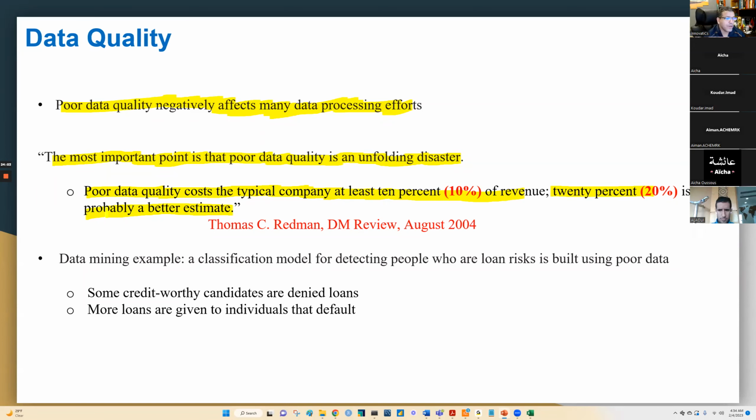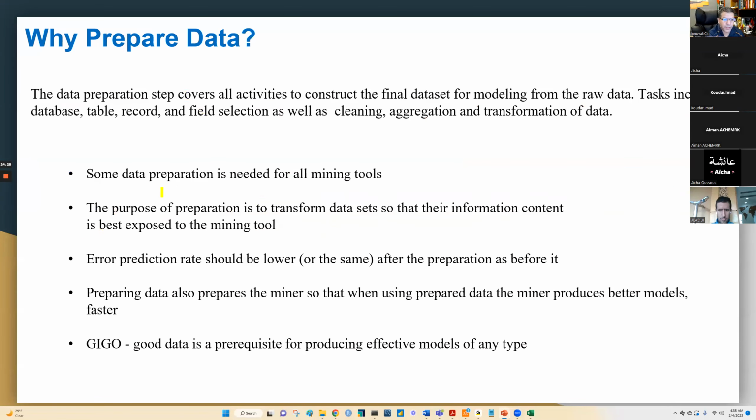Now, if you are using very bad, poor quality data, most likely you are going to deceive the decision-making managers. And of course, if you are making a bad decision, just prepare to hear the music.